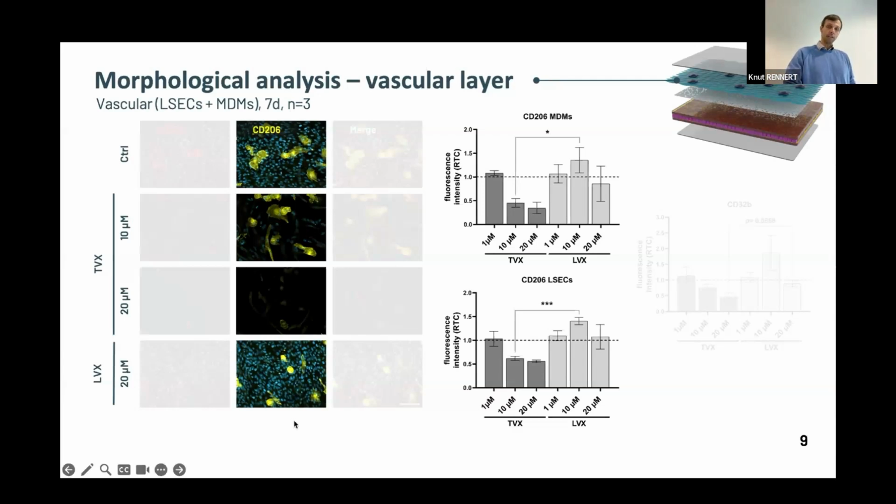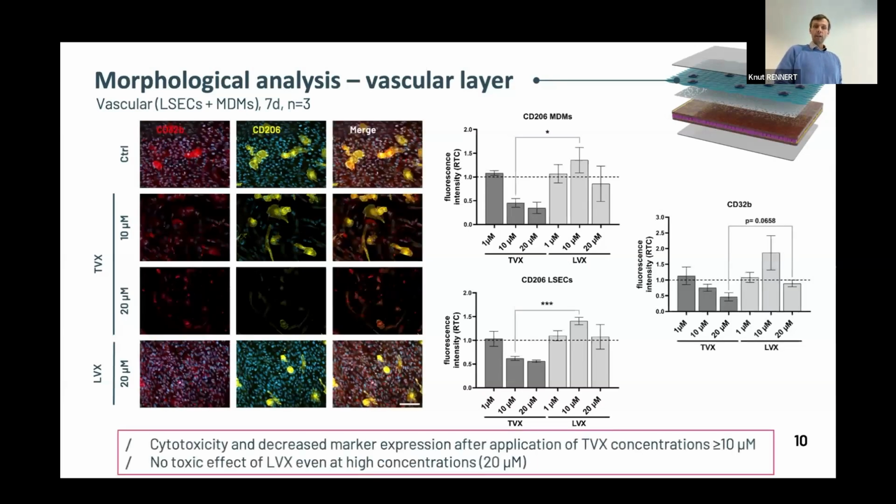It's not visible here, but it was also analyzed by Tim that the liver sinusoidal endothelial cells show significant reduction of CD206 at Cmax of trovafloxacin. Taken together, cytotoxicity and decreased marker expression occurred after application of trovafloxacin starting at 10 micromolar. For levofloxacin, there were no toxic effects visible.